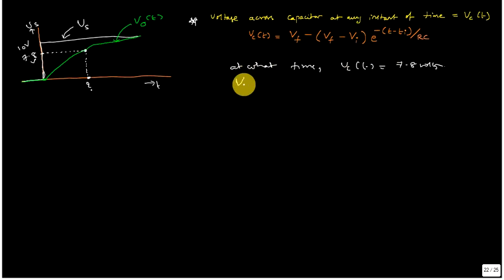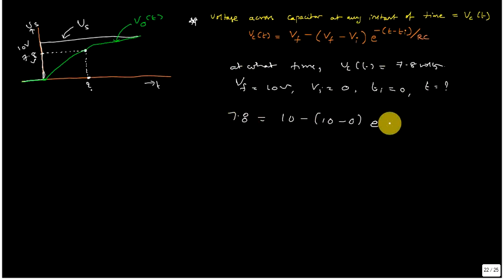For this, V final is 10 volts, already we discussed it. V initial is 0 volts, t initial is 0, and time t we are going to calculate. Vc of t is 7.8. Substitute all these values. 7.8 is equal to 10 minus (10 minus 0) into e power minus t by 25.